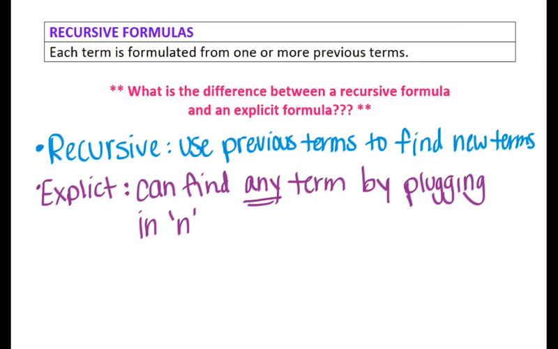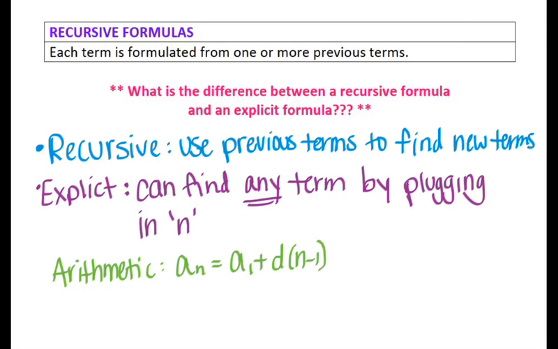So we looked at explicit formulas for arithmetic and geometric. Our explicit formula for arithmetic was a_n equals a_1 plus d times (n minus 1).